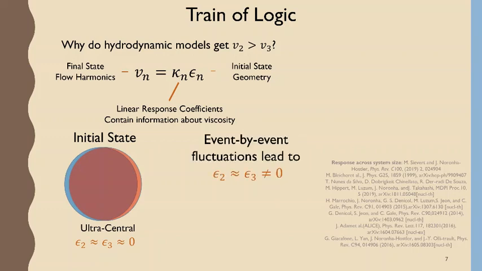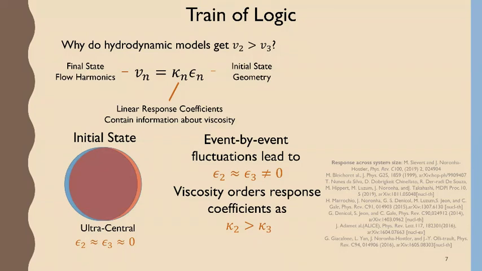But when you include event by event fluctuations, you get non-zero values for both of these geometries. And then viscosity will order the response coefficients such that kappa 2 is larger than kappa 3. So hydro will kill off the higher order geometry more than the low order geometry, and so this will lead to an ordering of V2 greater than V3.